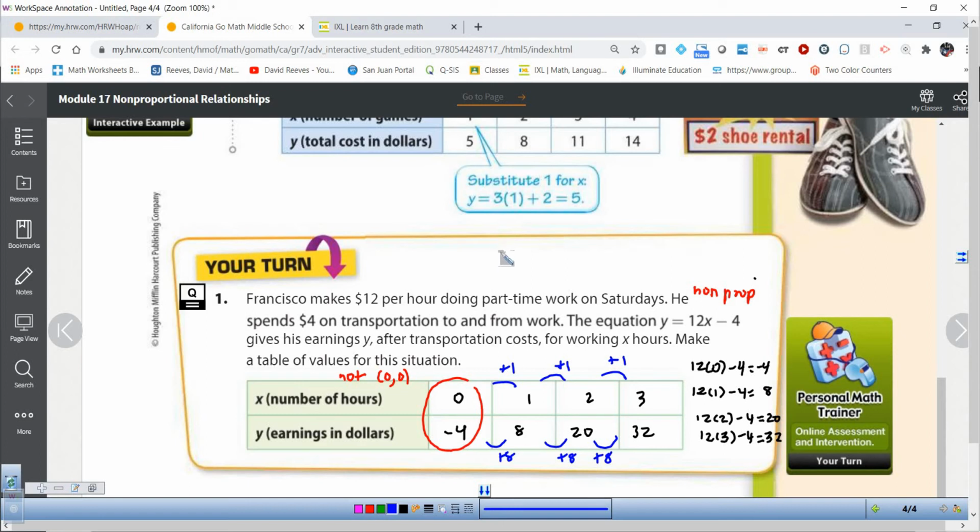So y divided by x is not a constant, but change in y divided by change in x is a constant. If we were to graph it, that would be the slope. That's what makes it linear.